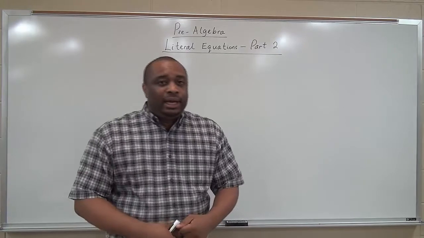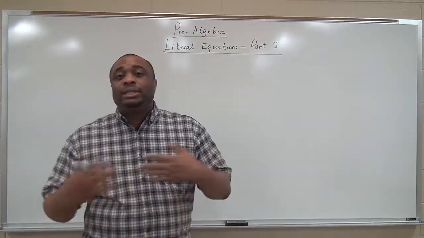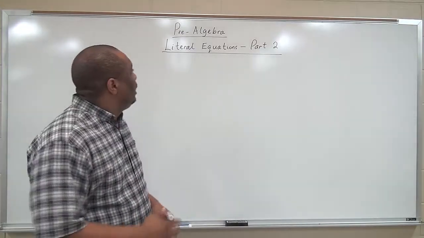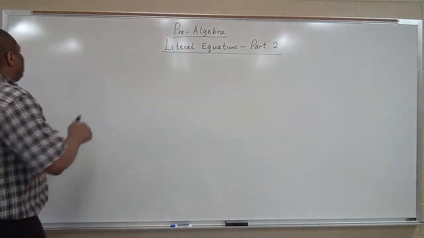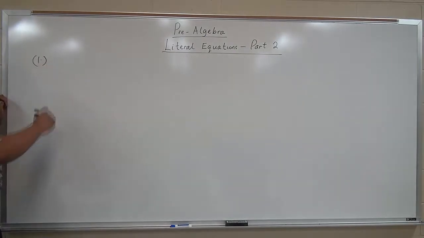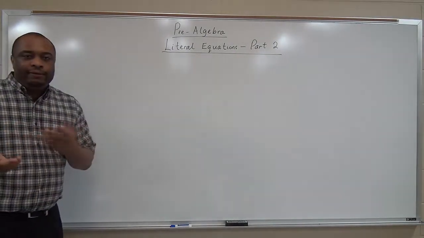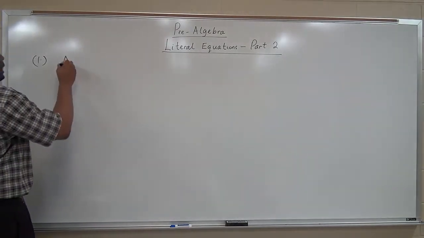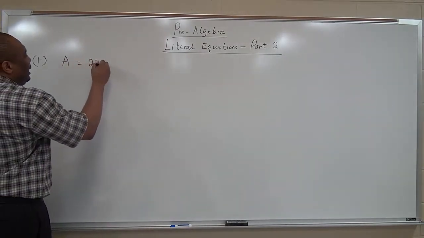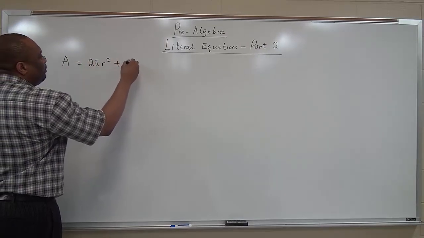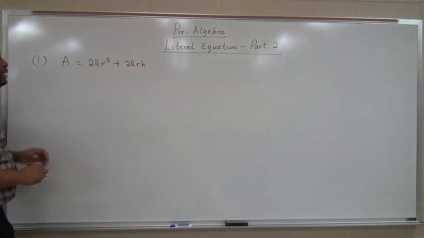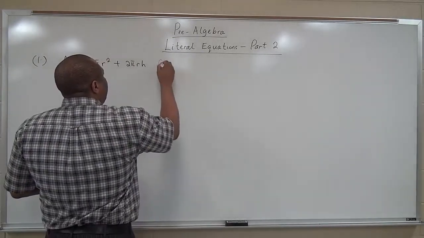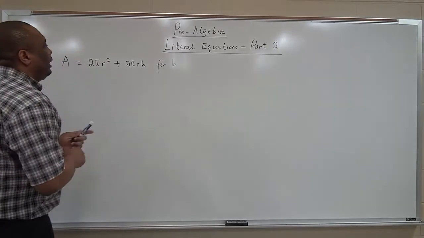We have our questions here, and we shall solve these questions one at a time. Let's get started. The first one, let's look at the surface area of a cylinder. A is equal to 2 pi r squared plus 2 pi r h, and you want to solve for h. Okay?